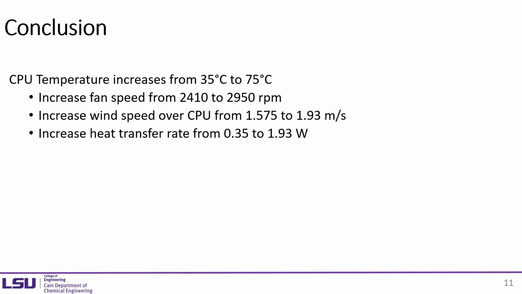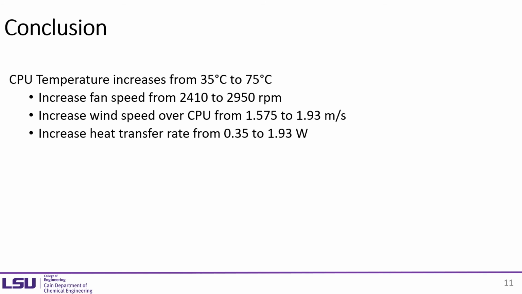So in conclusion, when we increase the CPU usage from around 0% to around 100%, we see an increase in the CPU temperature from 35 degrees C to 75 degrees C. In order to keep this heating under control, we need to increase the fan speed from 2,410 to 2,950 revolutions per minute.